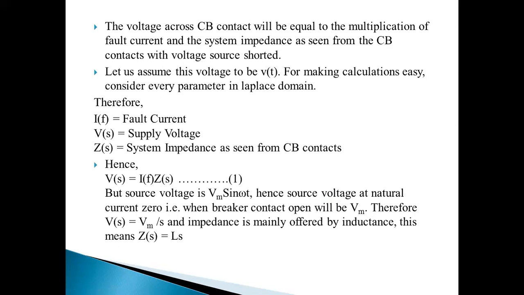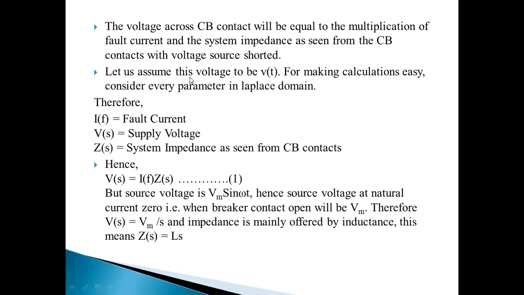Suppose the voltage across the circuit breaker contact will be equal to the multiplication of fault current and system impedance. To find the voltage, V is equal to IR when we are considering a DC circuit, but when we are considering an AC circuit, V is equal to I into Z. There is not only resistance but impedance, right?